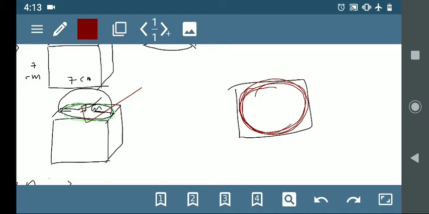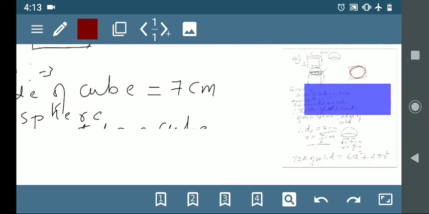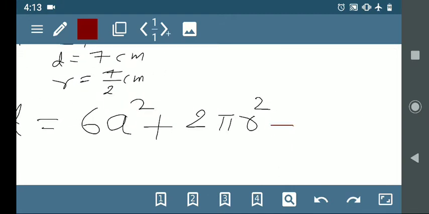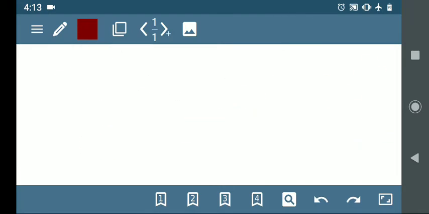So this circle has to be subtracted, that is minus pi r square. This is total surface area of a cube, hemisphere. Okay, next, on this one face a circle is hidden below, so we have to subtract a circle from it.